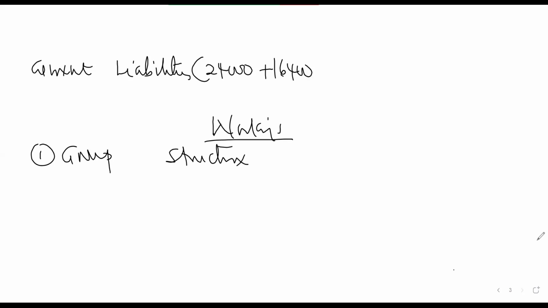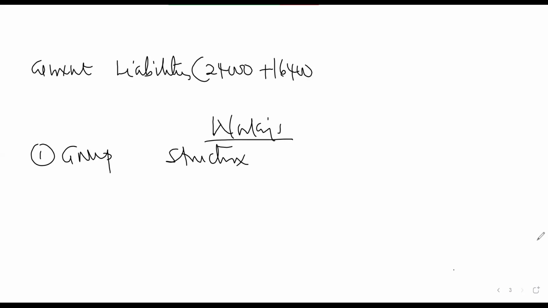Okay, so the group structure, I'll be showing you the easiest format. You can just put it in a table form. Nobody's going to do anything. So you can just put a group structure in a table form.